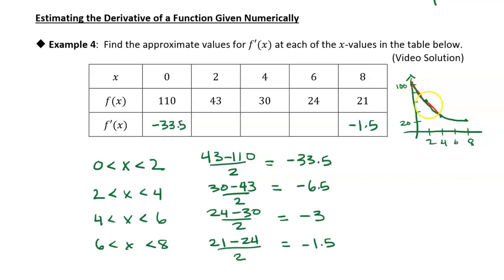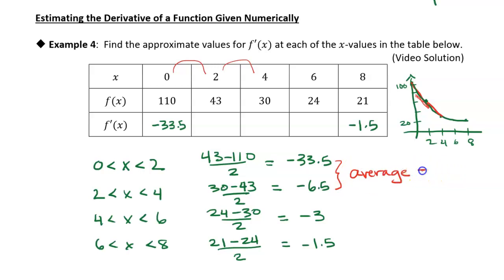So maybe if I just average these two slopes, I'll end up with the slope that I want. It's going to be somewhere between those two. My graph is kind of small, but I'm just going to average these two. To approximate the slope at 2, or the derivative at 2, which is the slope of the tangent line, the instantaneous rate of change, I'm going to take the average rate of change between 0 and 2 and between 2 and 4 and average them together.